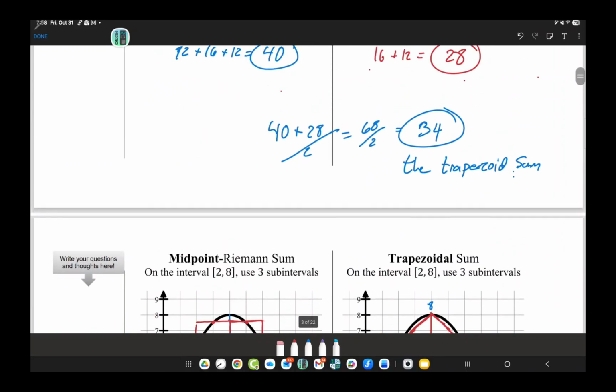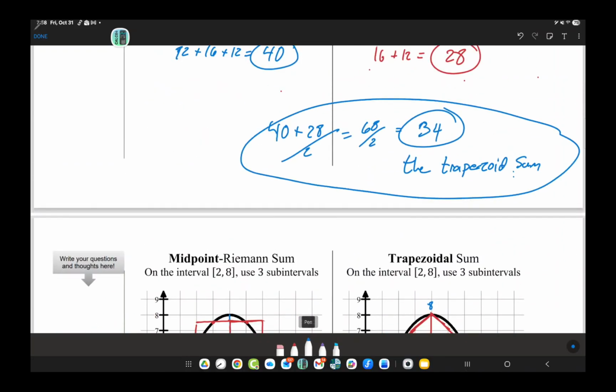So this right here is the average of your left and right, which gives you the trapezoid sum.